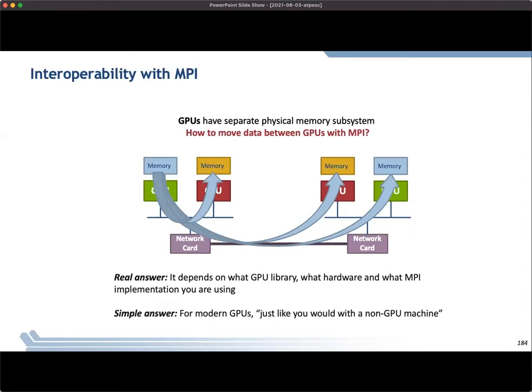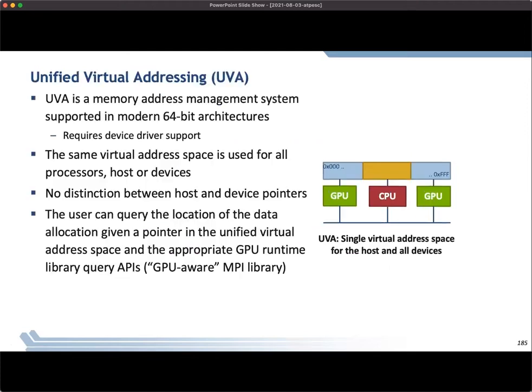You can do the communication as if it's a non-GPU machine. But in reality, if you go into the detail, it depends on the generation of your GPU hardware, the version of the driver, the CUDA library and low-level libraries, and what the MPI implementation is capable of doing. So it's fairly complex, but because MPI plus GPU has been around for some time, for most cases it's already supported.